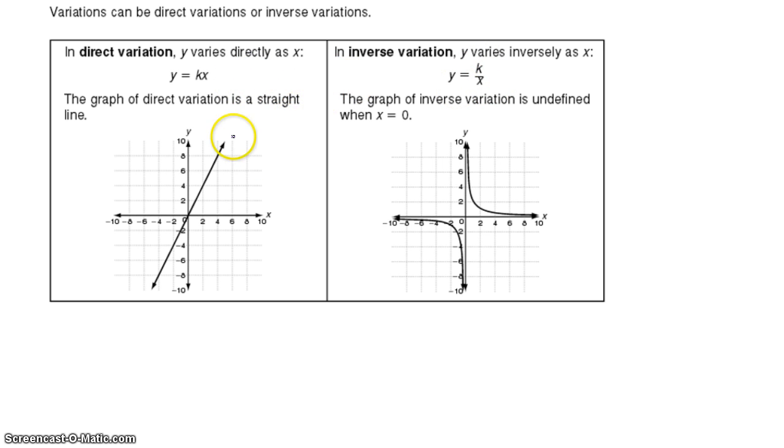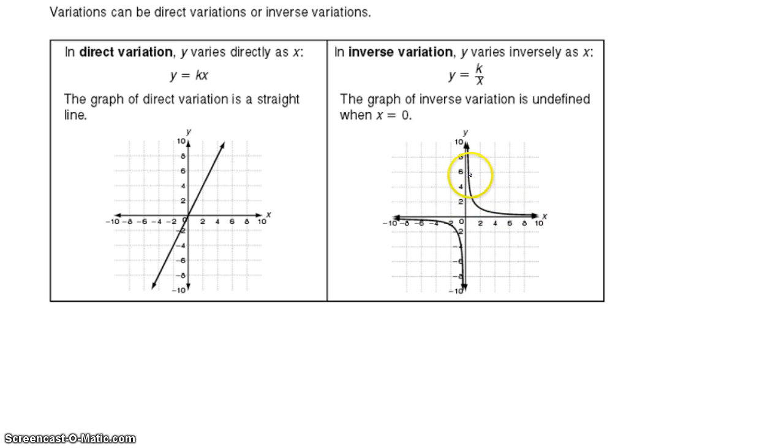And if you come down and compare and contrast your graphs, you see that in fact your direct variation graph is a line, and in fact it is a line that goes through the origin. Over here we have two curves. We have a curve occurring down here, and we have a curve occurring up here.